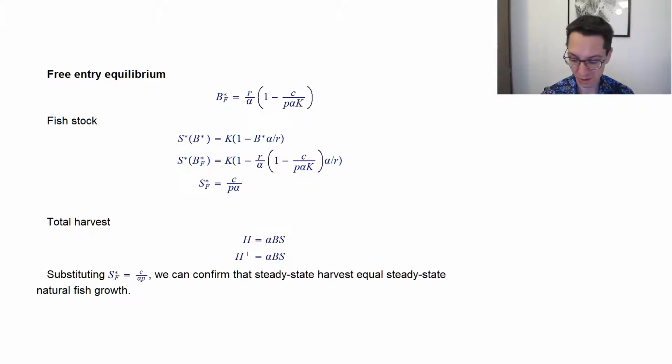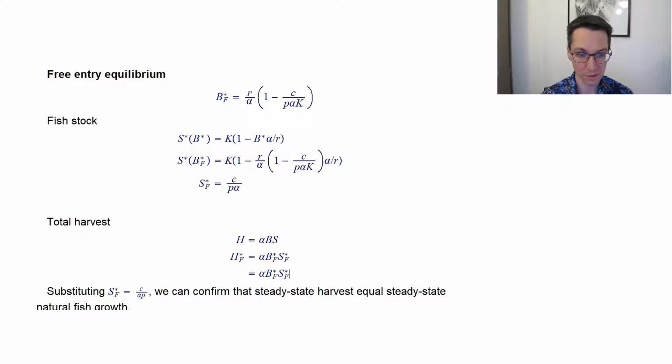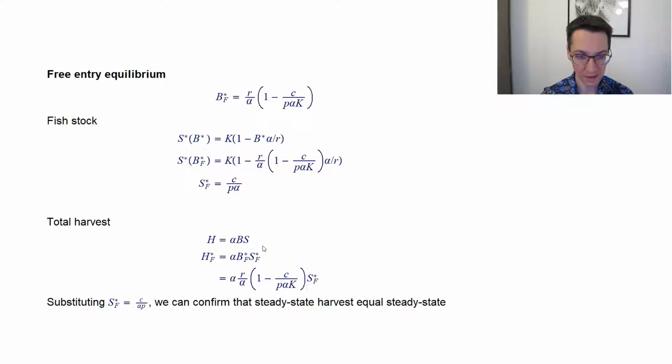So total harvest in the steady state for the free entry fishing is going to be equal to alpha B star of F, S star of F. And then we can just substitute what we know. So this is this quantity here. And S star of F is this quantity here.